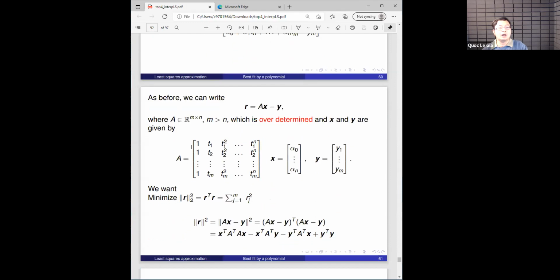And now the coefficient matrix is given by this. The first column is just ones. The second column is t1 up to tm, and the last column is t1 to the power n up to tm to the power n.